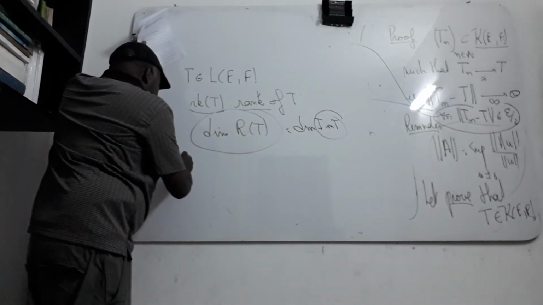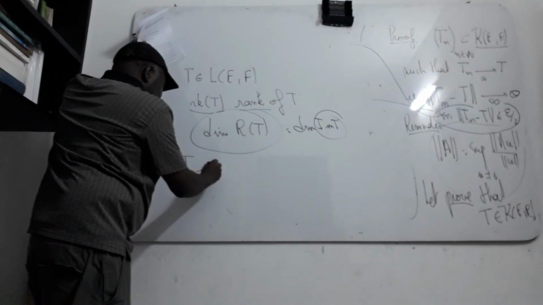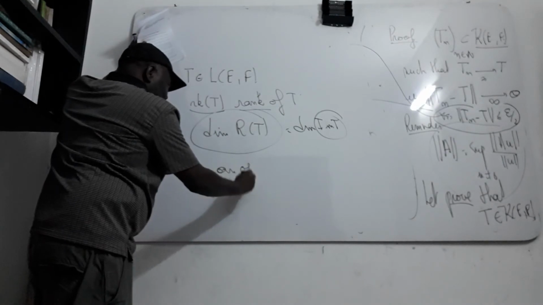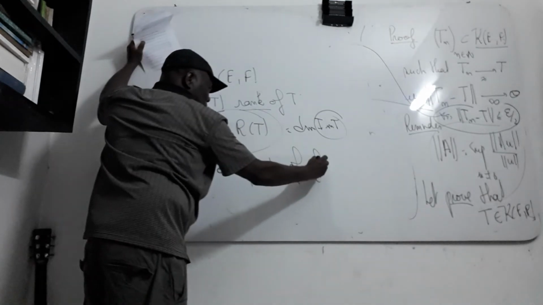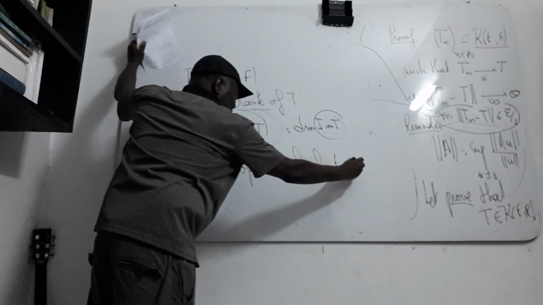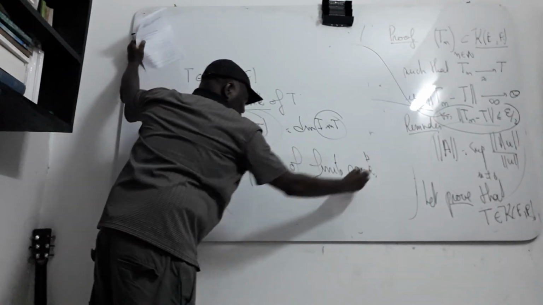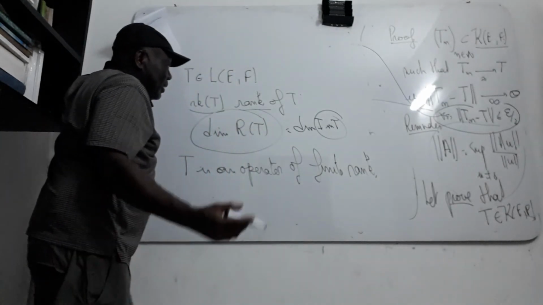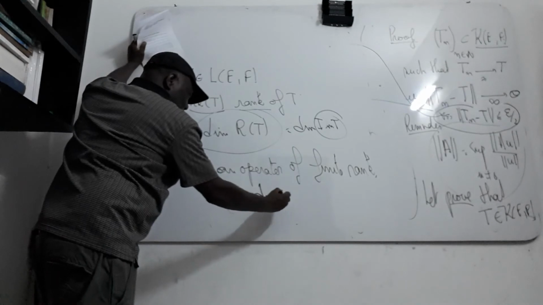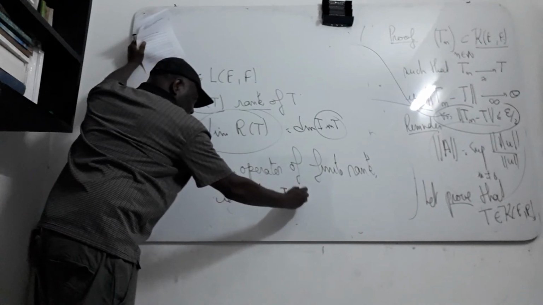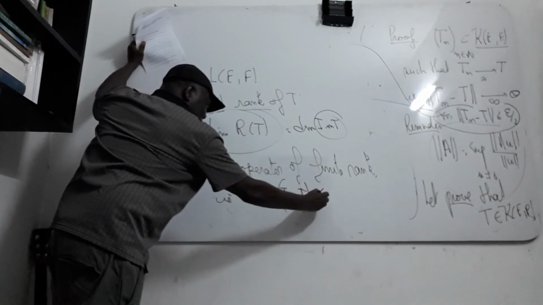When you say that an operator T is an operator of finite rank, that means that the dimension of the image of T is just finite.